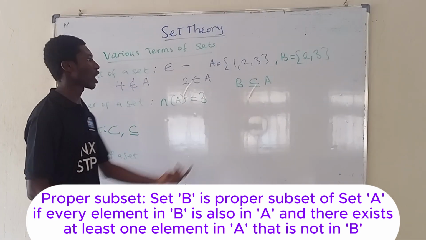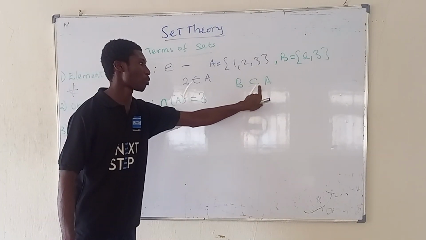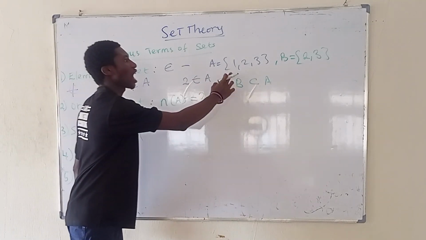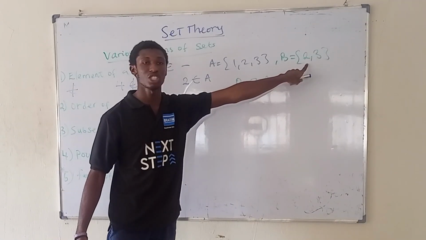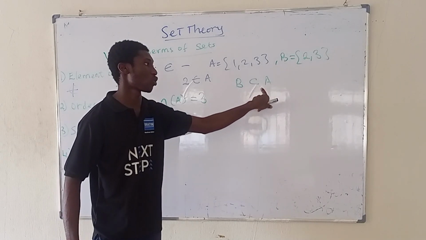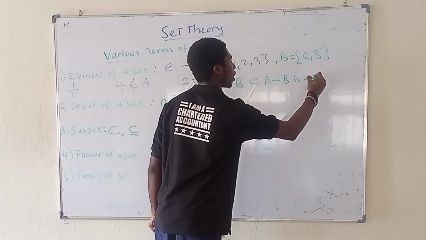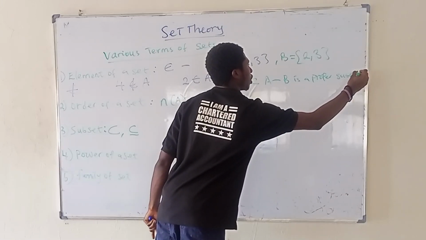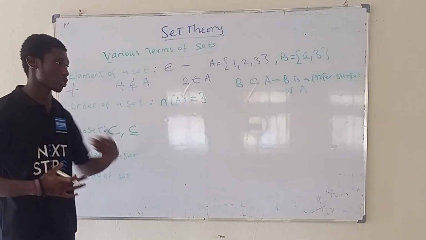So, for example, B here is a proper subset of A, because A has at least one element which is different from B. So I can write B is a proper subset of A. So this is what a proper subset is.